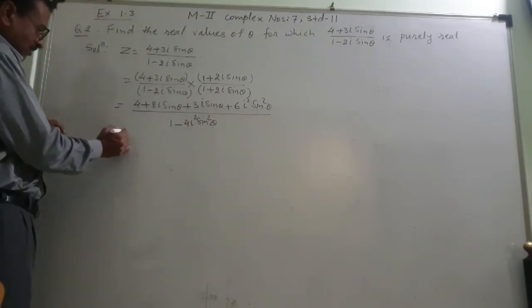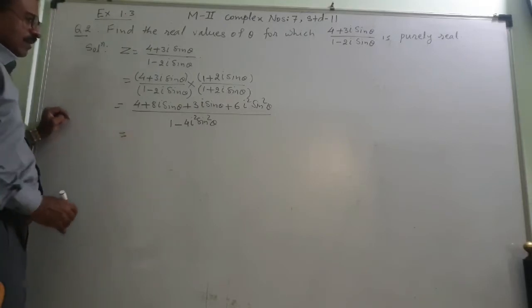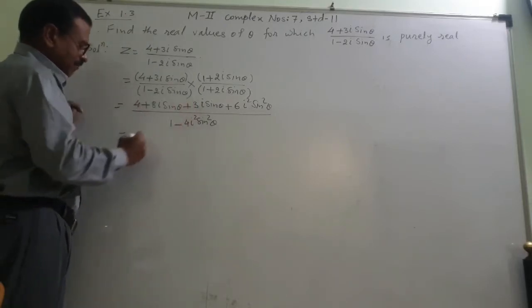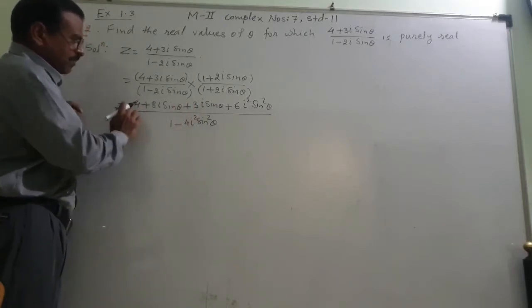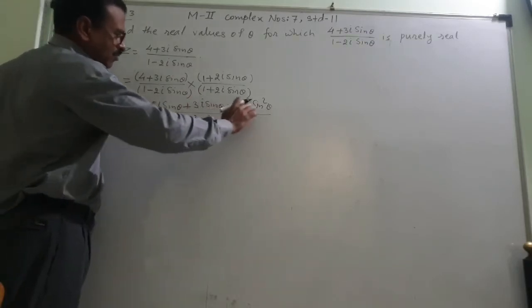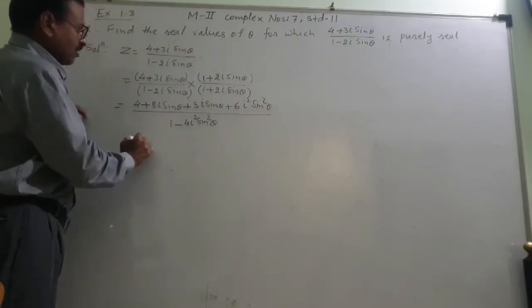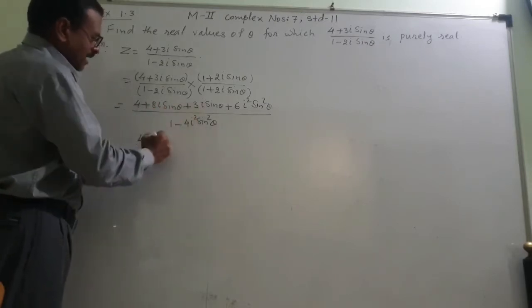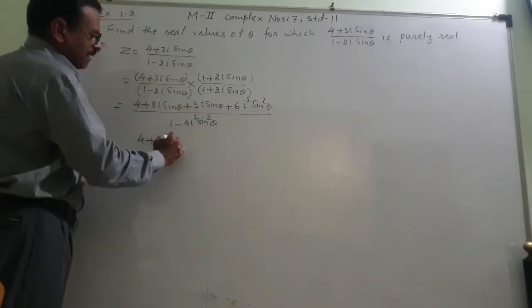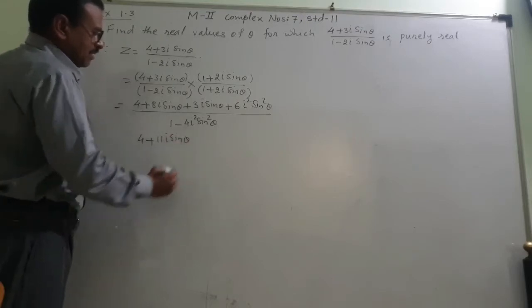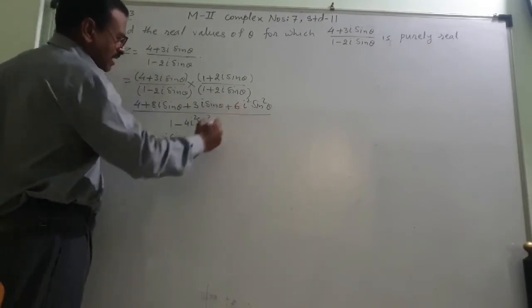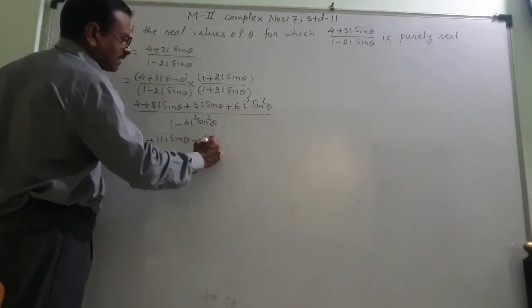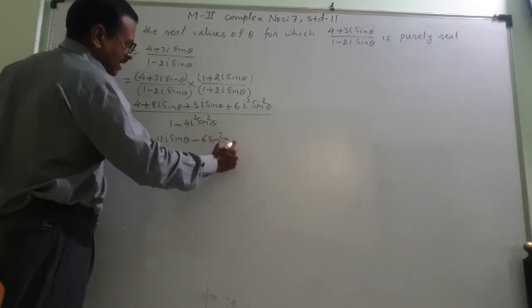So that is equal to, this I can add up. This will be 4, and it is only 4. Okay, 4 plus 8i and this 3i, 11i sin theta. And this i square means minus 1, so minus 6 sin square theta.